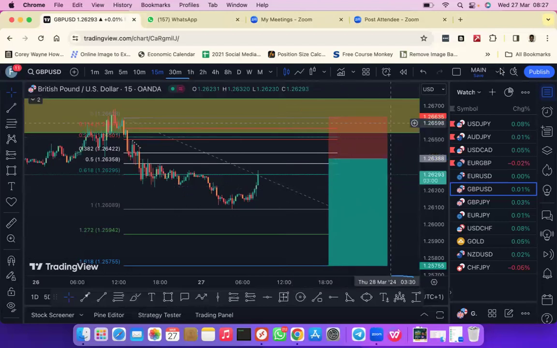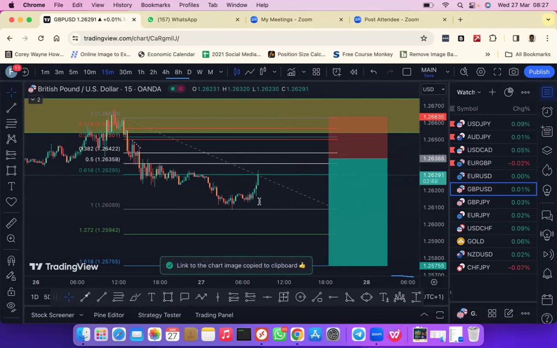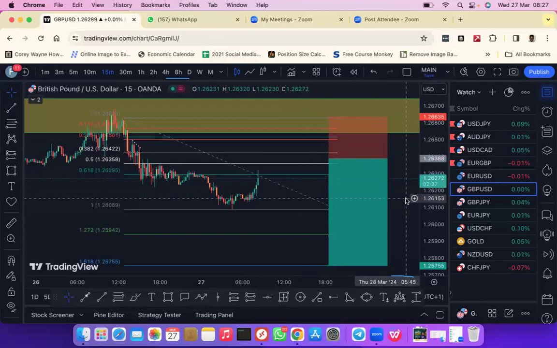Just take this screenshot. I'm going to copy this link setup now and post it in the chat box. All right, so guys, you can just copy that link. It will give you all the parameters, and then you can align your own setups.